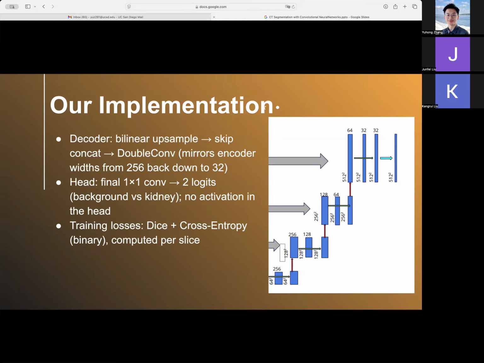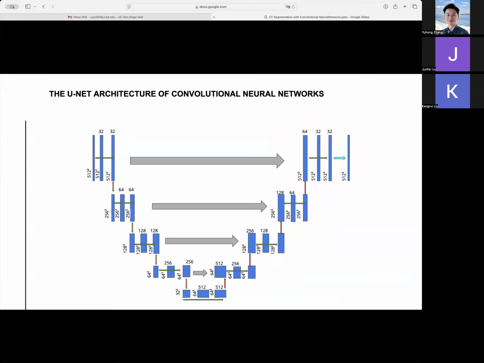In the end, we apply a sigmoid to produce a meaningful segmentation prediction. The training loss we adopt in our experiments is Dice plus binary cross entropy loss, which is very common for segmentation tasks. So this is the entire structure of the UNet that we actually implemented.